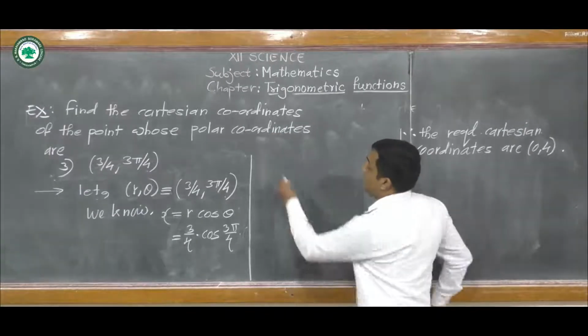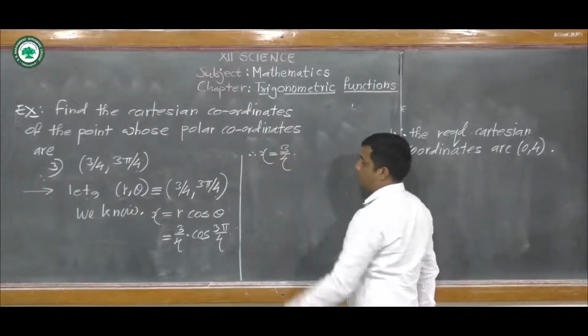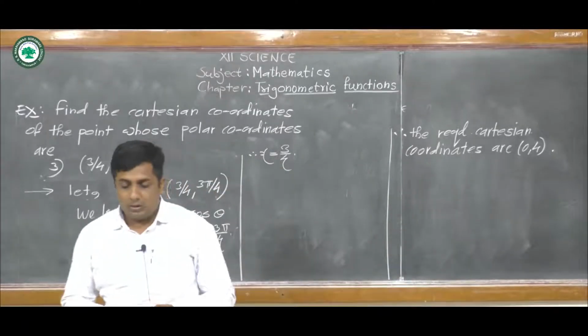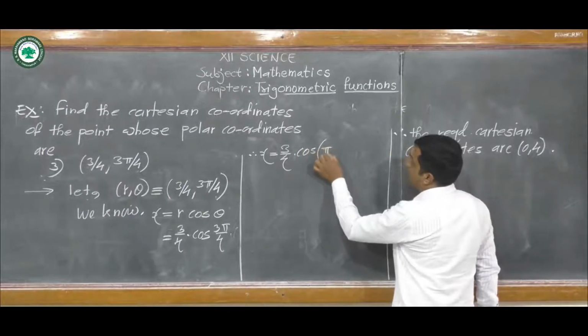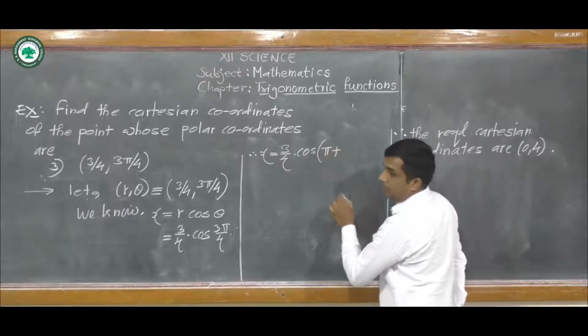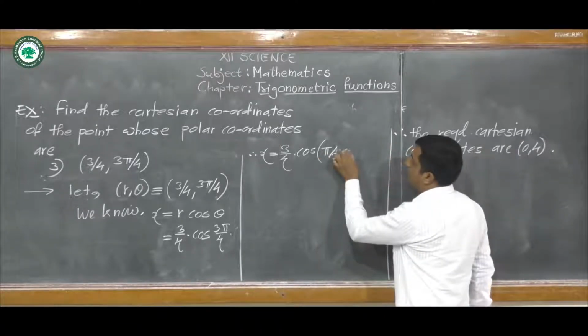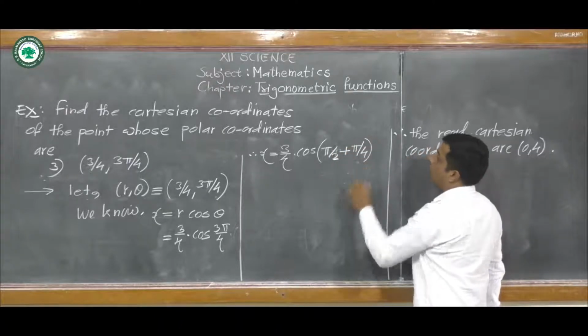Okay, so here I write x is equal to 3 by 4. Now we know here cos of 3 pi by 4 is cos of pi by 2 plus pi by 4.